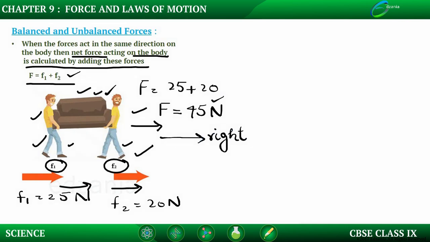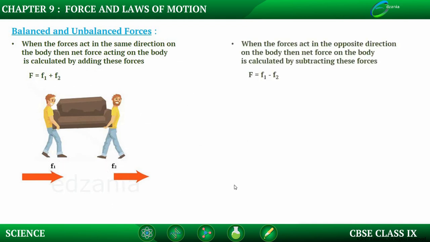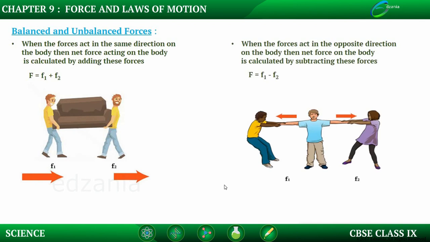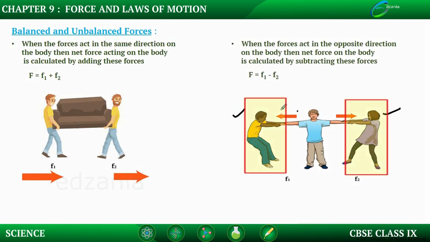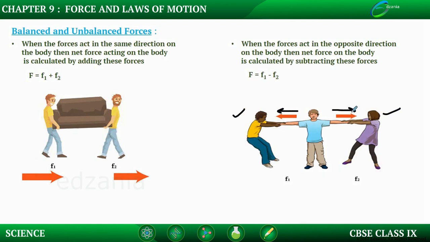Now, what happens when the forces act in the opposite direction? When the forces act in the opposite direction on the body, the net force on the body is calculated by subtracting these forces. Now, suppose these two people are pulling the hands of this man. So, the forces applied by these two people are in the opposite direction on this man.